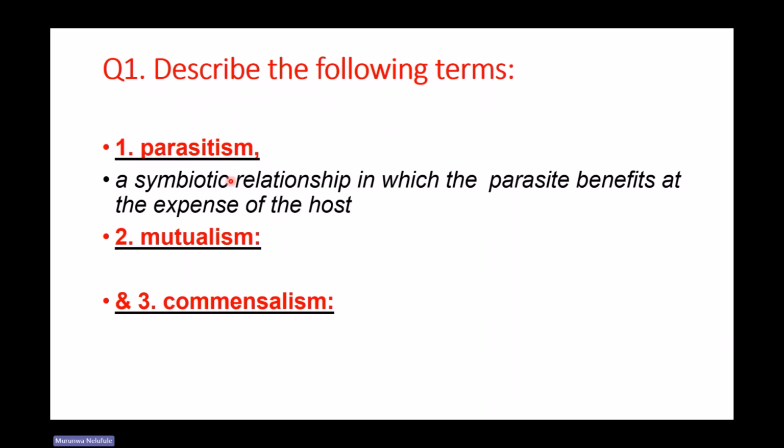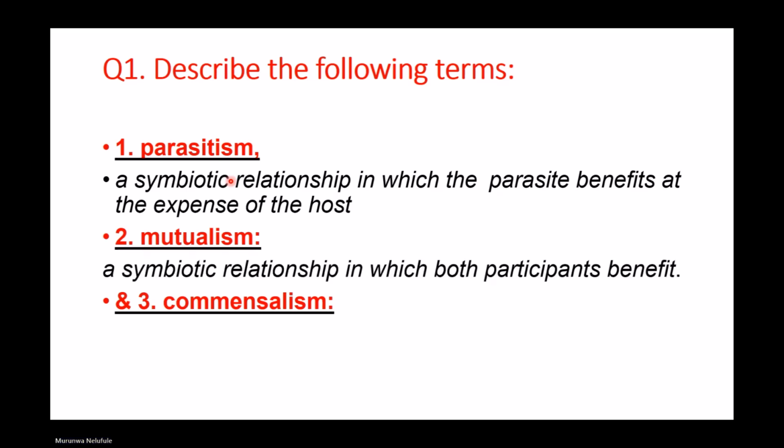And commensalism, last one: it's a relationship between two organisms where one organism benefits while the other is neither harmed nor helped. Great stuff. Thank you so much for that.